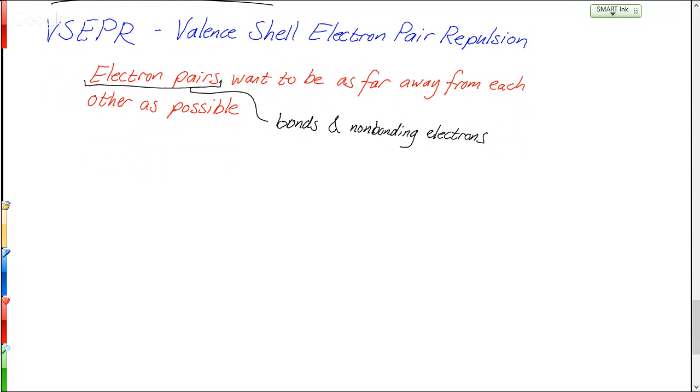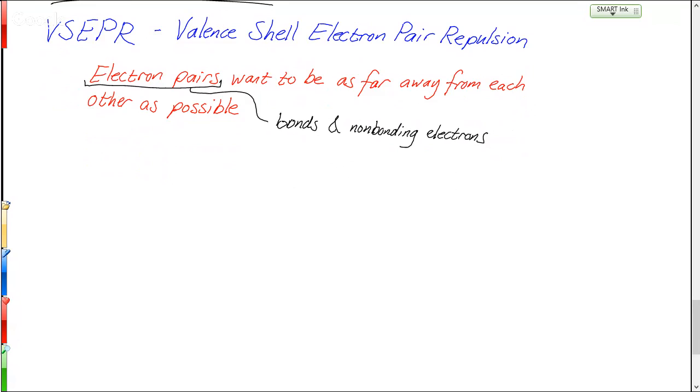So we would take a molecule like thiocyanate over here. And if we're using that theory to evaluate these two models, either the bent one or the straight one, which one represents the electrons being as far away from each other as possible? The straight one. So does everybody see that?